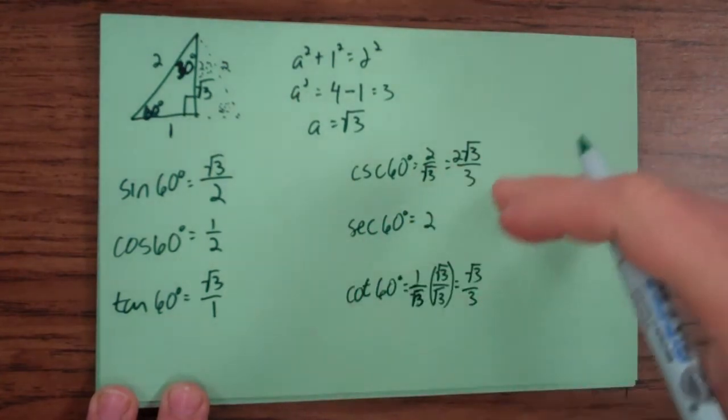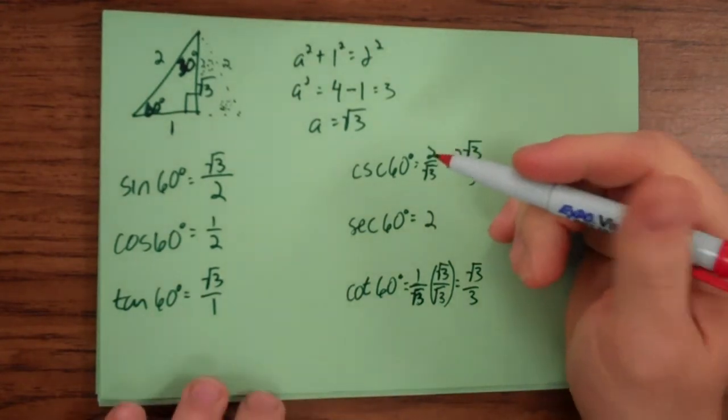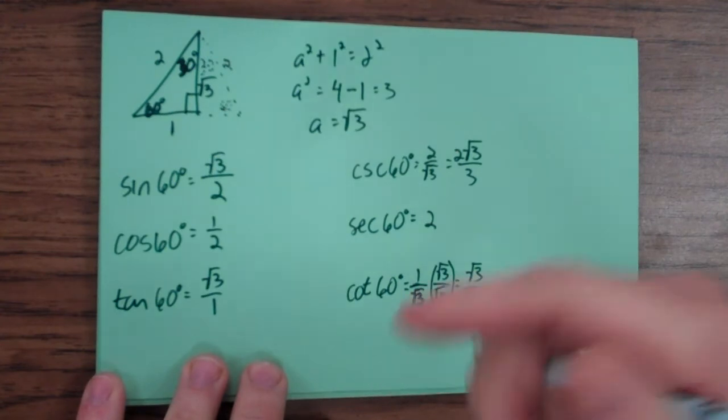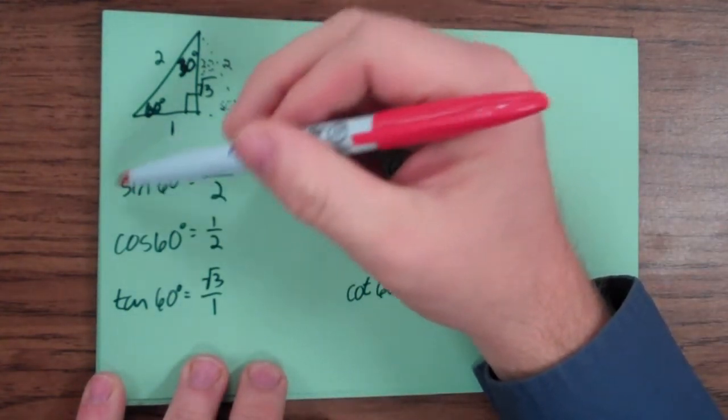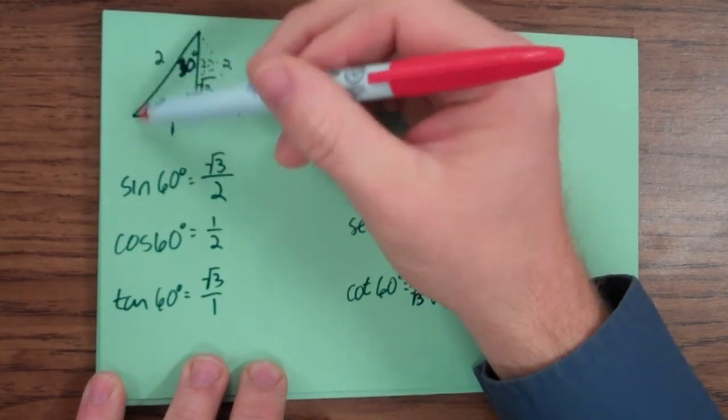So now what I want us to see is, I'll grab a different colored marker. Okay. We've also done a bunch of work already for another angle. And let's see what I'm talking about there. So for this one, we did the sine of 60. We did the opposite side over the hypotenuse. Okay, that was in relation to 60 degrees.